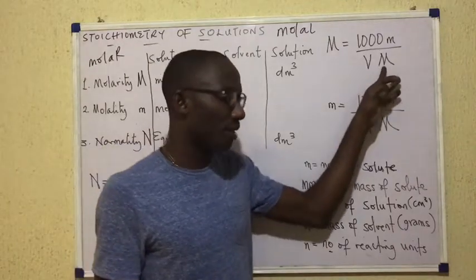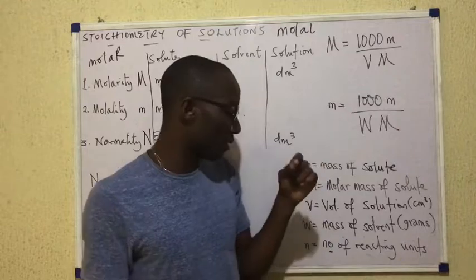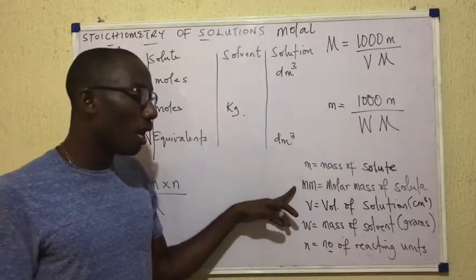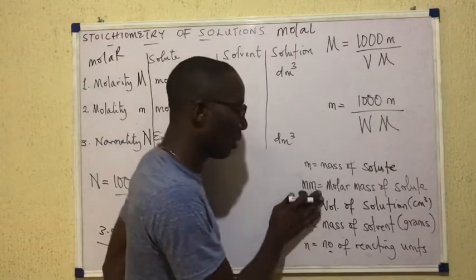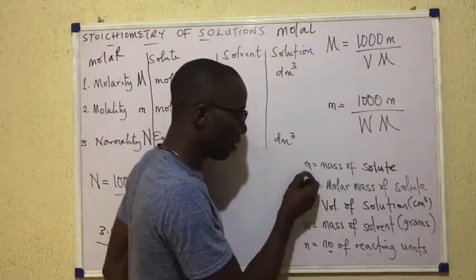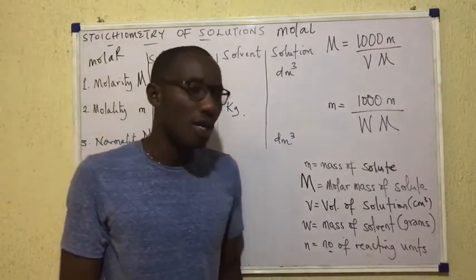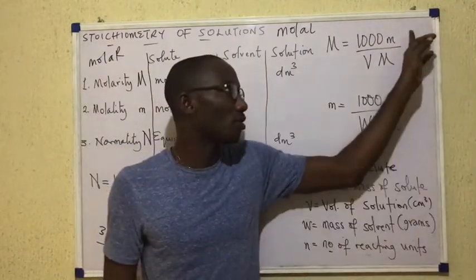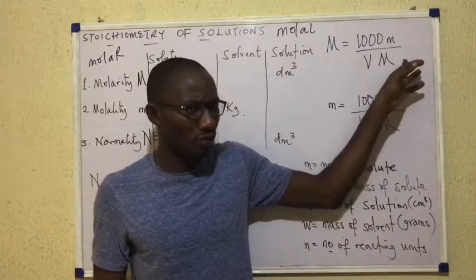Then the mass here, this capital M, is actually the molar mass of the solute. Since I didn't write double M's there, let me just put this as capital M. Alright, so the molar mass of the solute. Now think of it, mass of solute over molar mass of solute will give us the number of moles of solute.